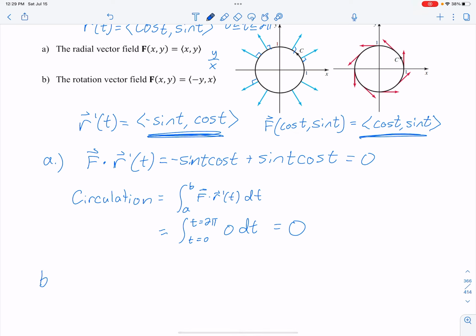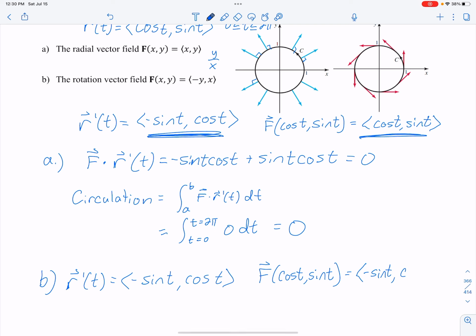Right, now we're going to do B. B is the same setup. Let's write down r prime of t, which is the same, so I don't have to calculate that, I can just copy it. And then F, we have to put it in terms of this new function. We plug in x and y, so it's still cosine t, sine t, and we get negative sine t, cosine t. That's my vector.